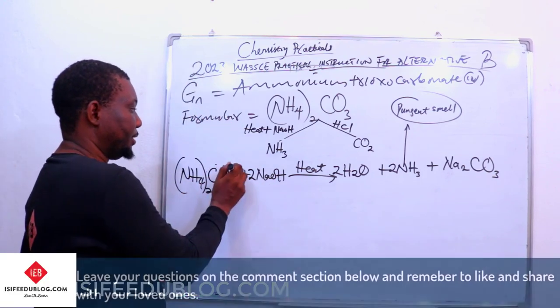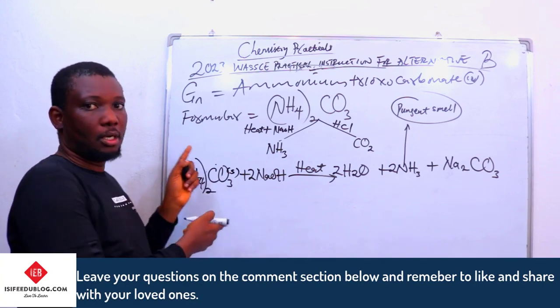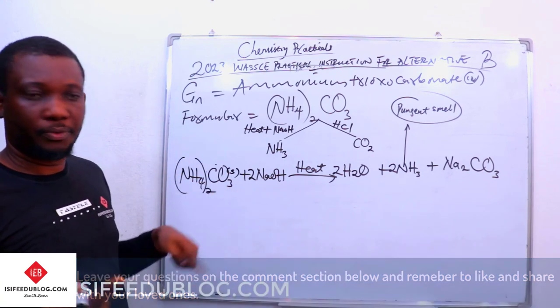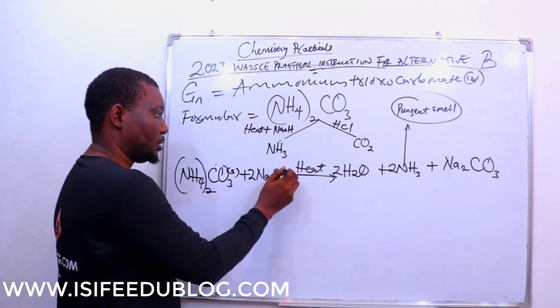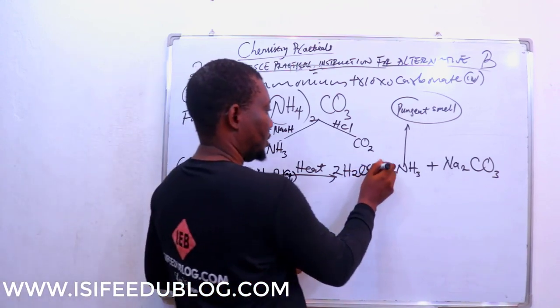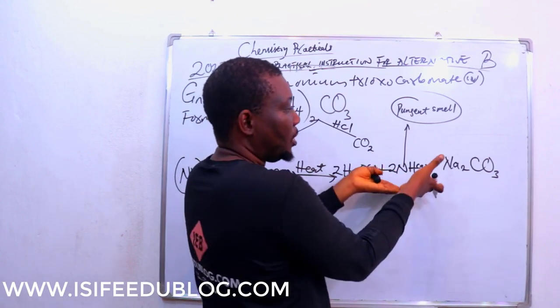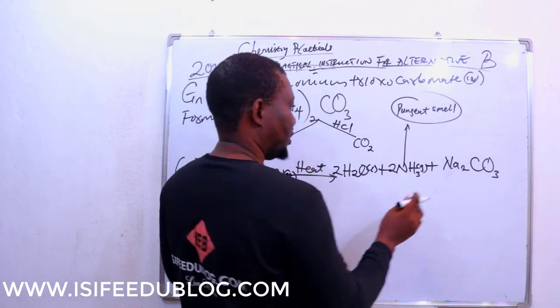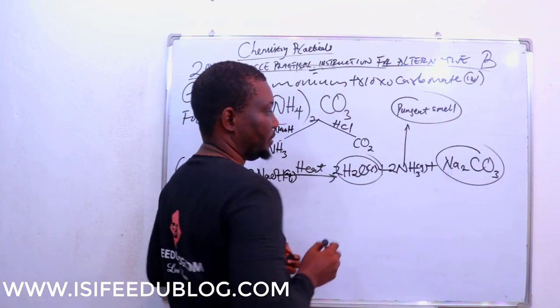Maybe this could be solid, or they may ask you to add a certain volume of distilled water to it before adding this. This may be solid, this may be aqueous. This is gas, and the moment the gas is evolved it goes off, so what remains is just this, and maybe part of this.